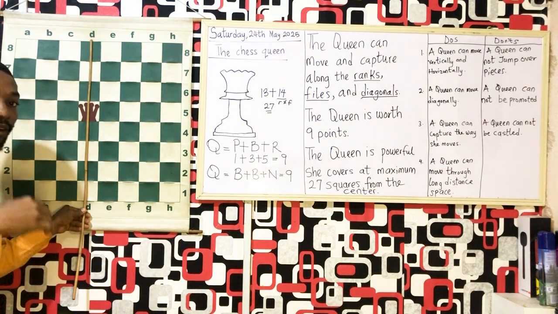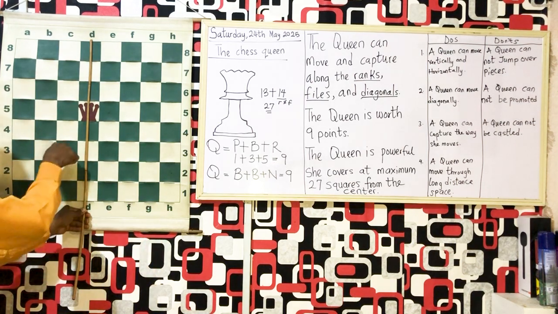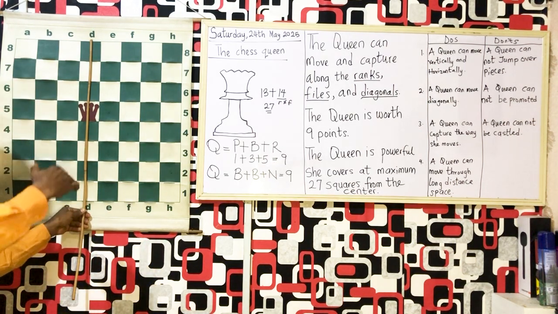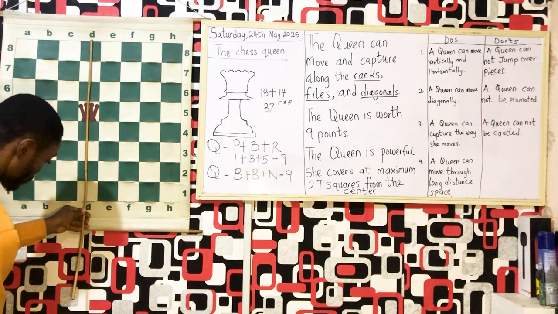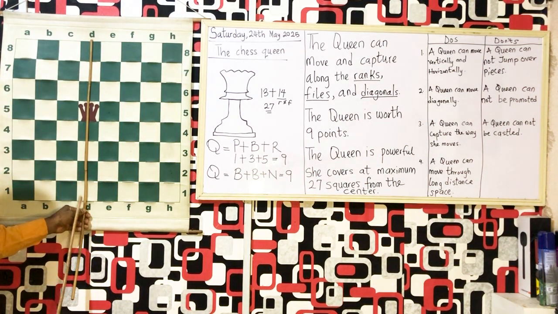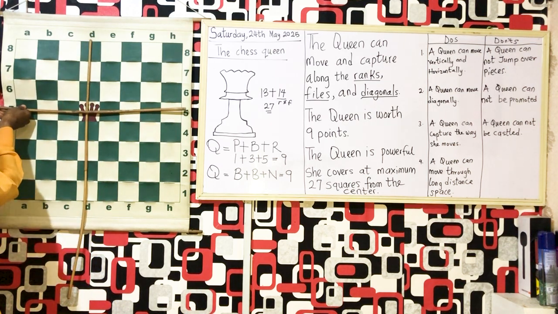We have other files too, like the H file, G file, F, E, C, B, and A file on their own. For now, we are dealing with the D file. So if I connect the D file and the fifth rank, I'm going to have something like this.